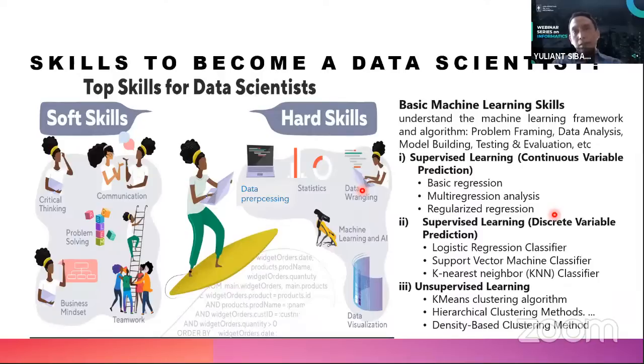In the second group, supervised learning, discrete variable prediction, the examples are logistic regression classifier, support vector machine classifier, nearest neighbor classifier, etc. There are so many classifiers related to this group. And the last, for unsupervised learning, the examples are K-means clustering algorithm, hierarchical clustering method, density-based clustering method, etc.